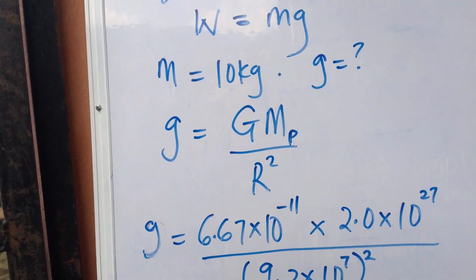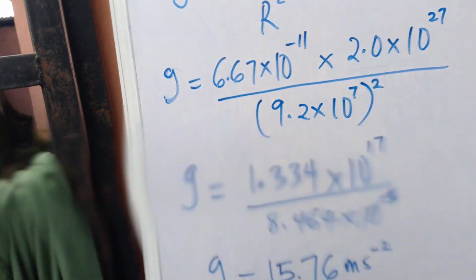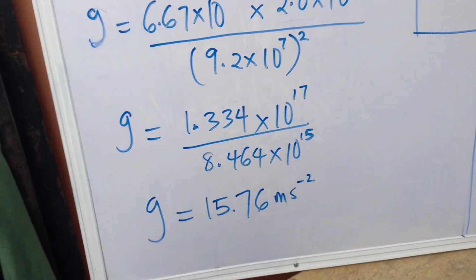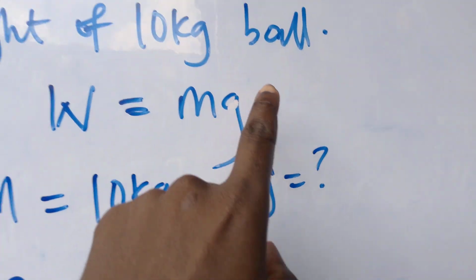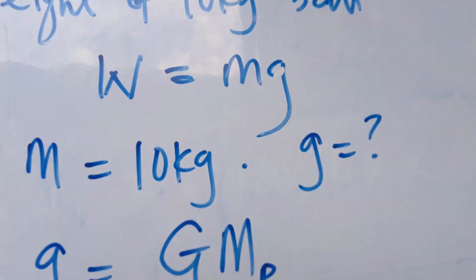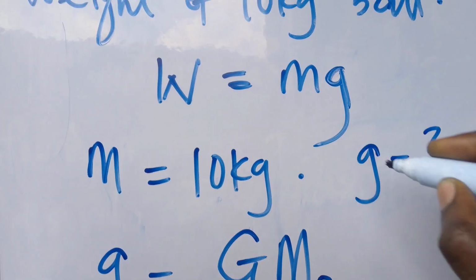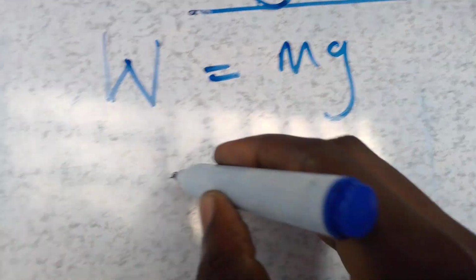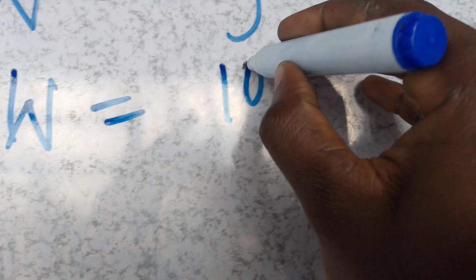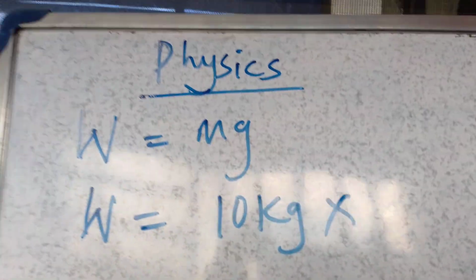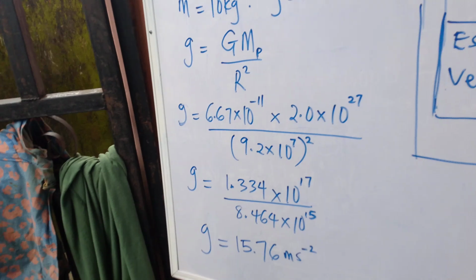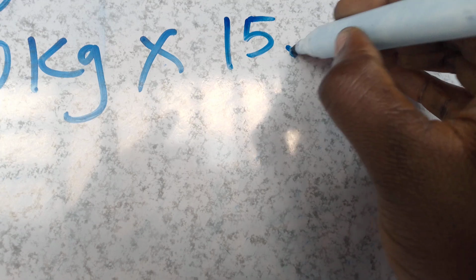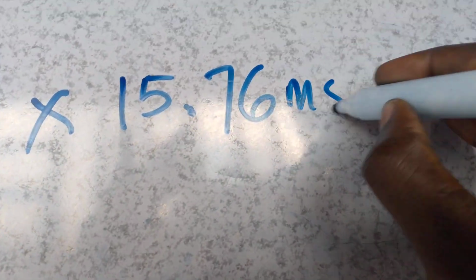Okay, so that is it. Now we have gotten the value of acceleration due to gravity of that planet. We can then place it into this equation so that we can find the weight of the 10 kg ball. We say that W is equal to mg, and the mass of the ball is 10 kilogram multiplied by g, which is 15.76 meters per second square.